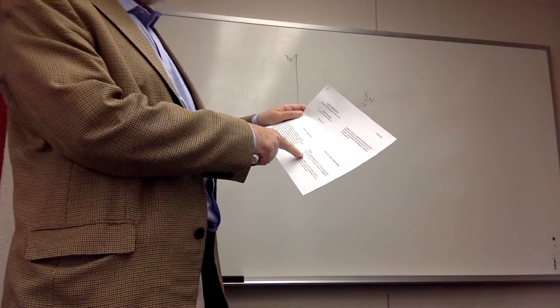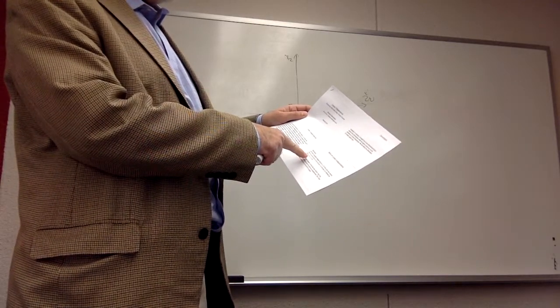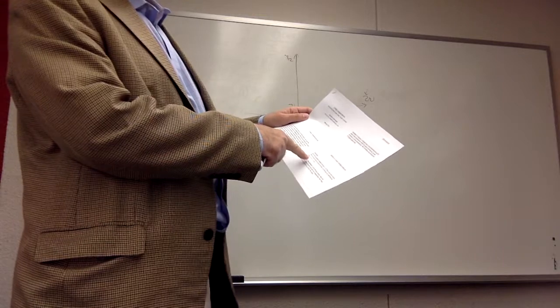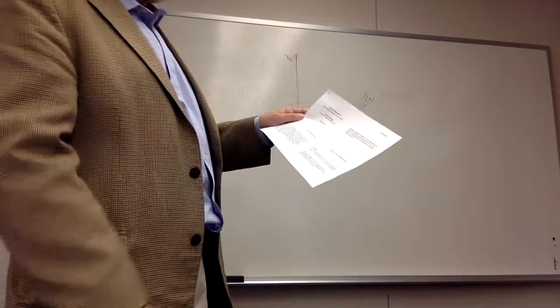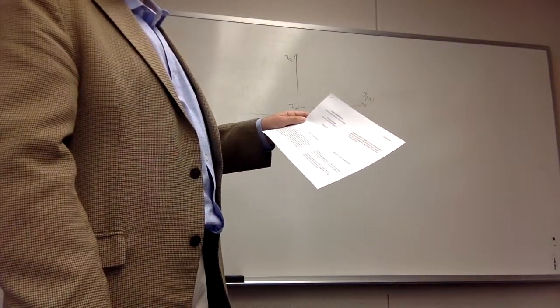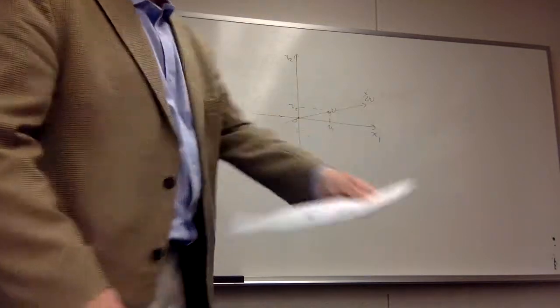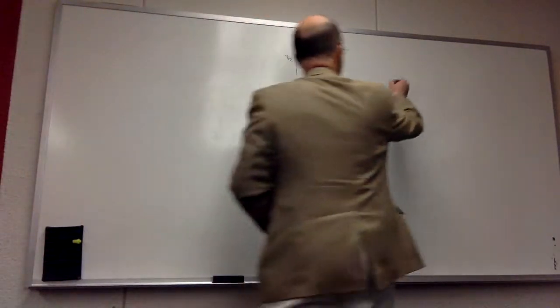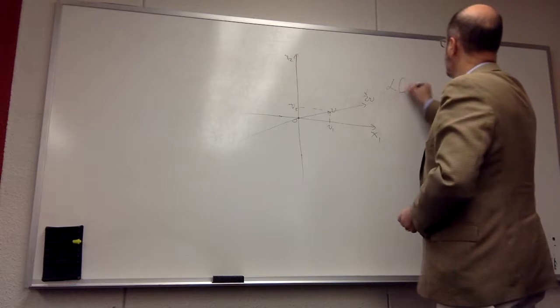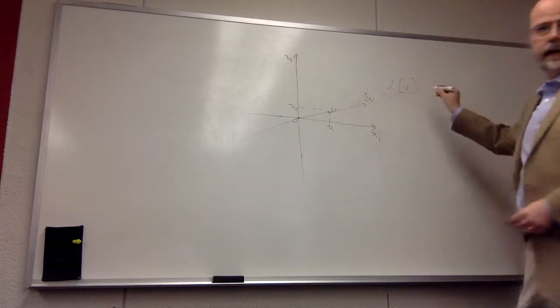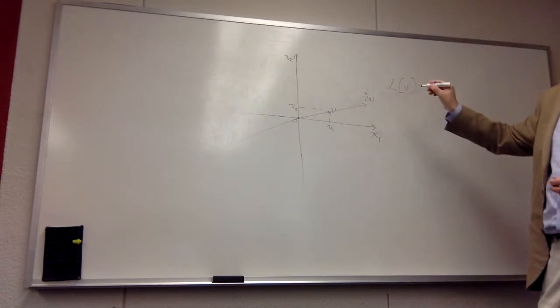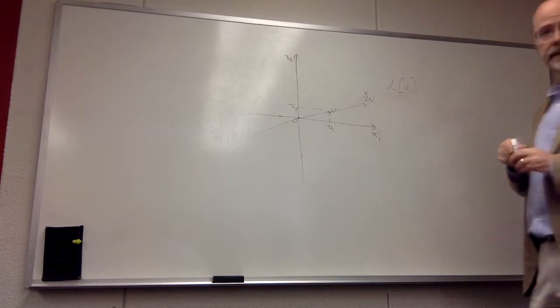It is the set of all points or vectors rv, where r is some real number. Okay? So this line is the L of v of that slide. All of it. All of the line.